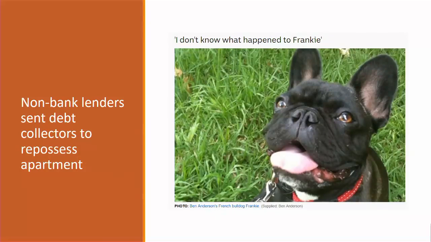They had a lot more power to do this as non-bank lenders, to execute on their apparent loss on a business loan. But what happened was that literal goons working for the bank broke into his apartment when he wasn't there, and his dog went missing. His dog was found, and his dog was dead. So it's a horrible story.